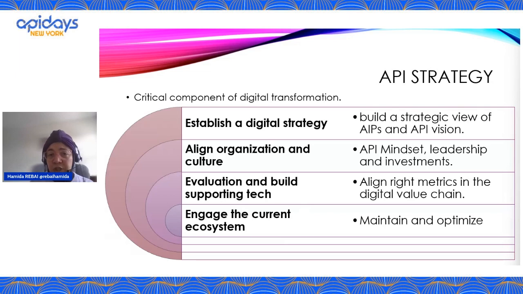So an API strategy should be in place in order to expose which set of data services to API consumers. For example, we give some examples of APIs that are used in the market: external facing APIs, process APIs, or system APIs. An API strategy is a critical component of digital transformation.